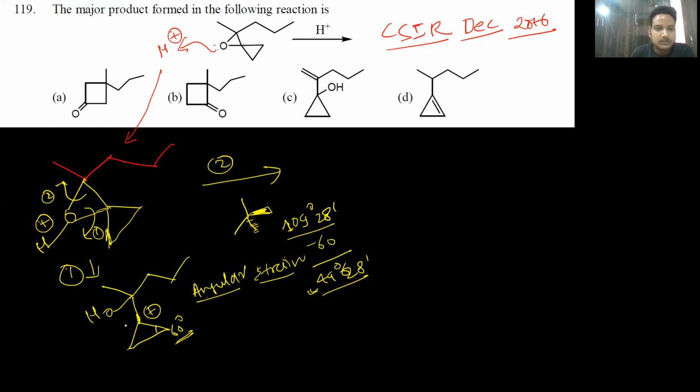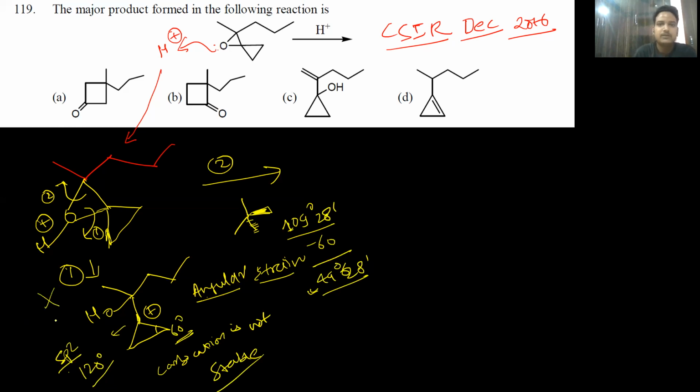If we make a positive charge, the hybridization will be sp2, meaning a 120 degree bond angle. So again we are increasing the angular strain. That means this carbocation is not stable, so path number 1 is not favorable.